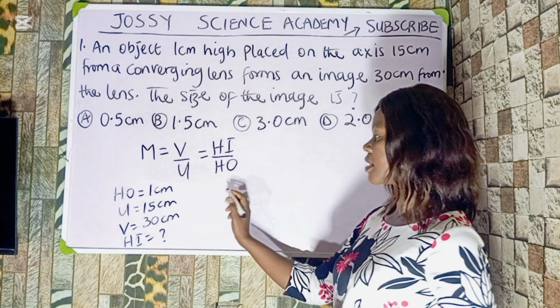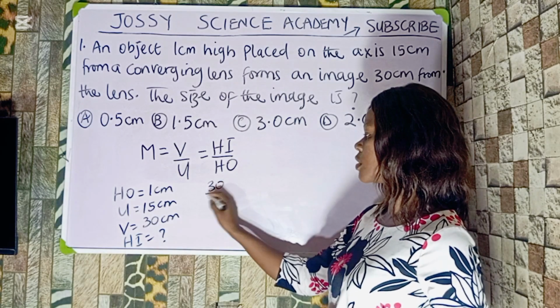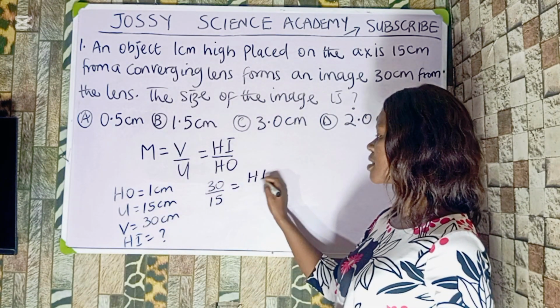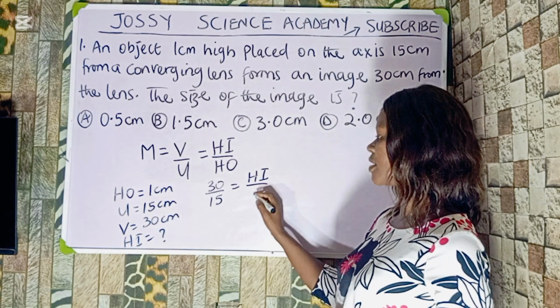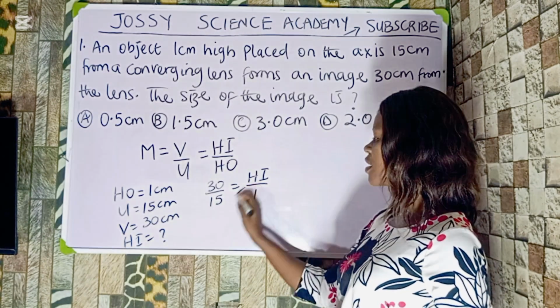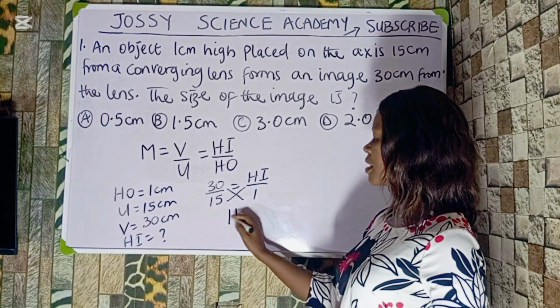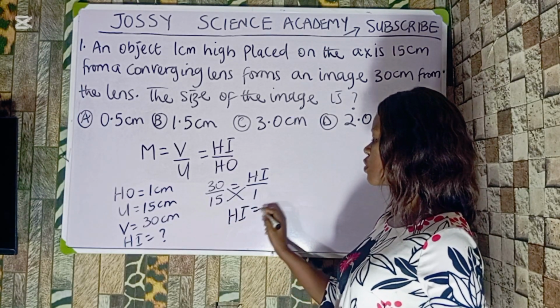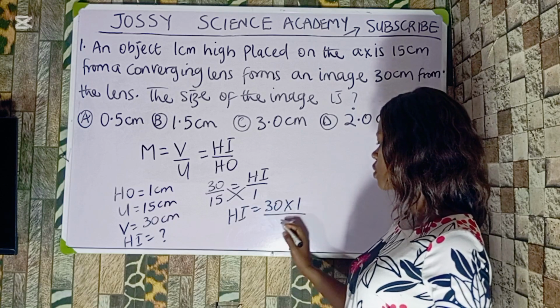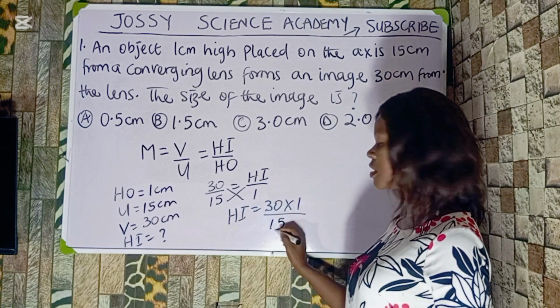So going by that, we have that my image distance is 30 divided by 15, equal to the height of the image over height of object, which is 1. Simply cross multiply: the height of image is equal to 30 multiplied by 1 all over 15, okay?